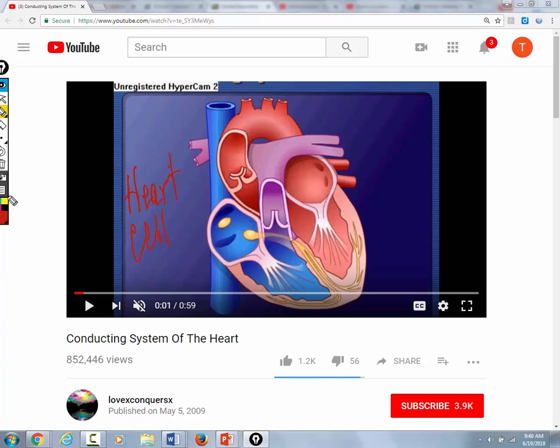And they're spontaneous. So specialized cells within the heart itself, specialized heart cells, they don't contract. What they do is they produce electrical impulses. And you better write this down.